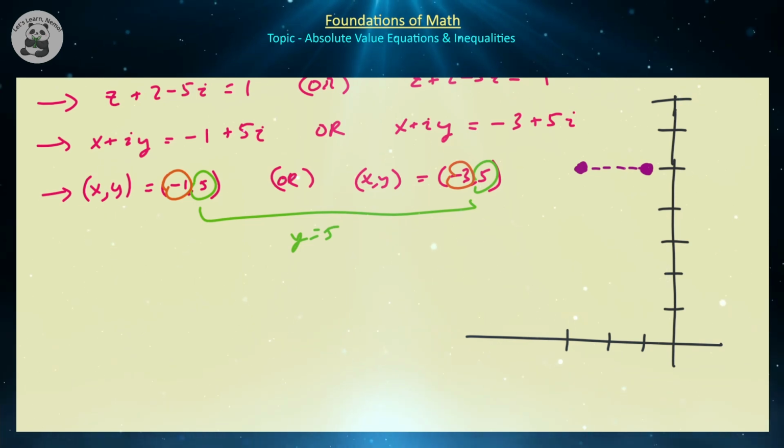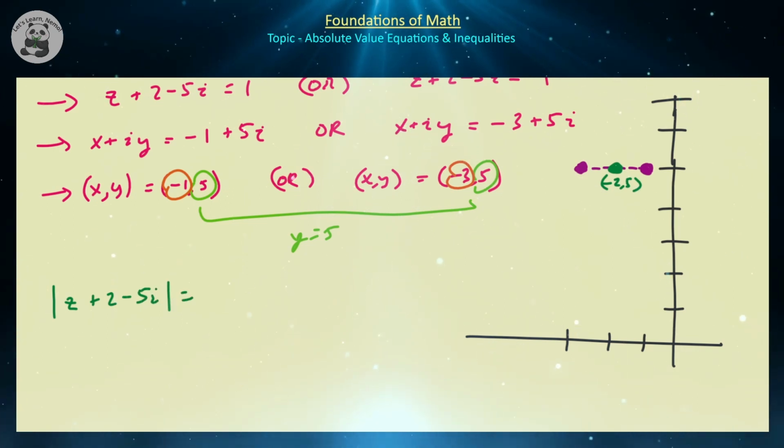So if these are endpoints of the circle, that means this must be the center of the circle, which is located at minus 2 comma 5, which if you look at the original equation, the absolute value of z plus 2 minus 5i is equal to 1, it's practically the opposite signs of those particular values, right?